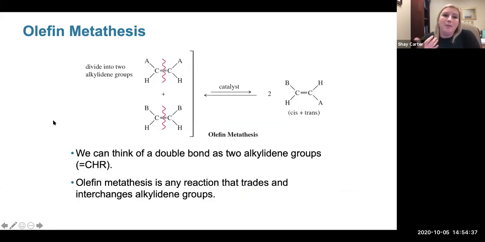Okay, and let's talk about metathesis. We can think of a double bond as two alkylidene groups. I can't talk today, I'm sorry. So let me explain what I mean by this.